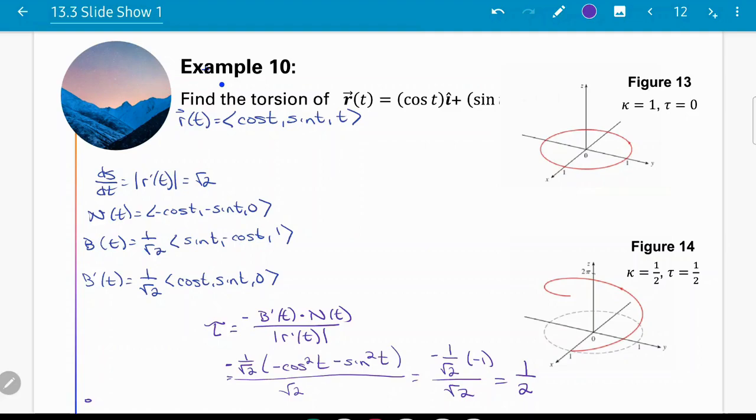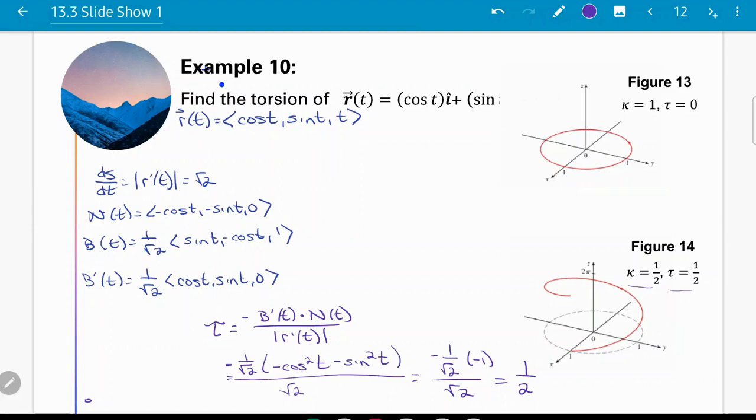In figure 14, this is our helix, and we found that the curvature of that helix was 1/2, and our torsion is also 1/2. So both curves have constant curvature, but the circle is going to have torsion 0, whereas the helix is going to have constant torsion of 1/2. And so we can think of the circle as bending at each point, but never twisting. Well, the helix both bends and twists upward at each point.